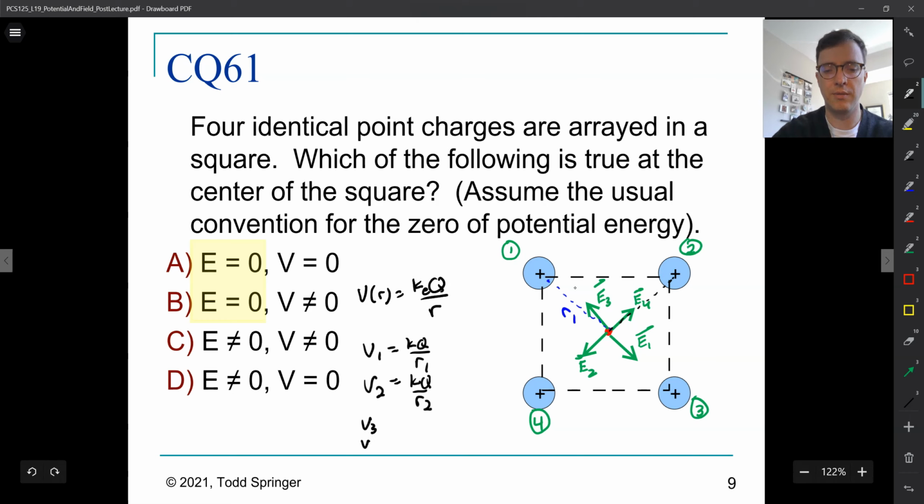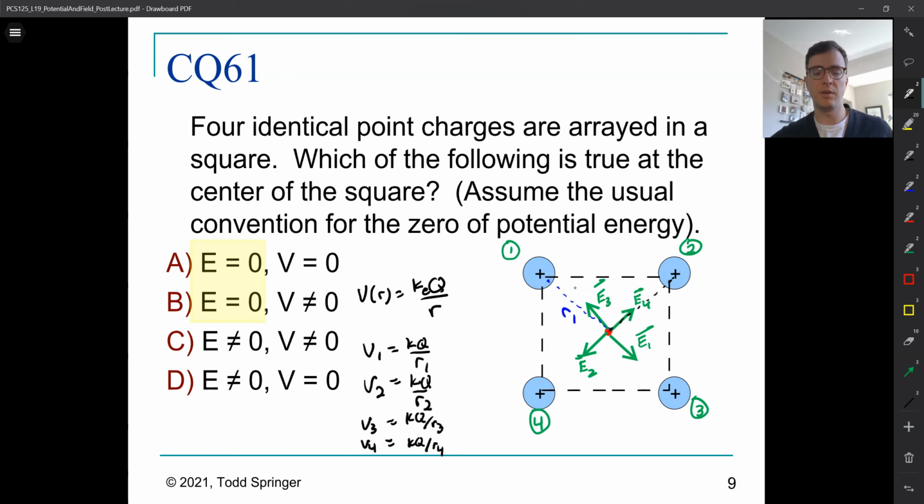V3 and V4, those are both KQ over R3 and KQ over R4. All of those things are positive, right? The R that goes in there is a distance, so that's positive. The charges are all positive, so there's no way I could have zero potential at the center of the square. They're all going to be positive numbers, which I add up.